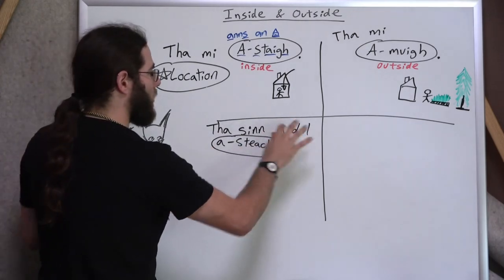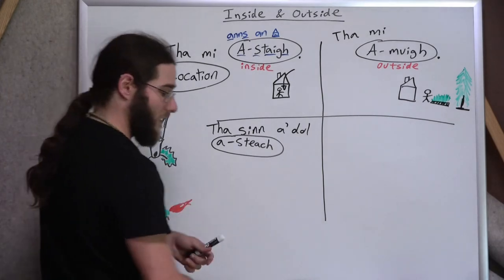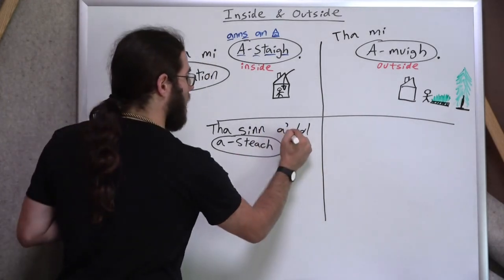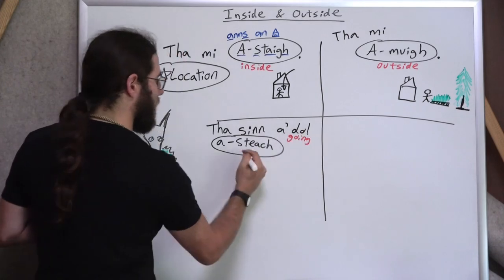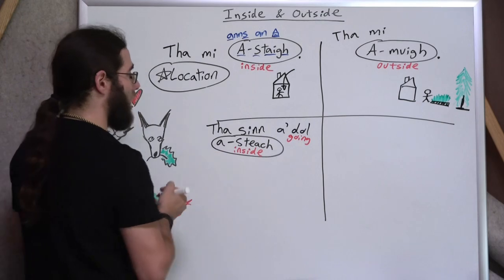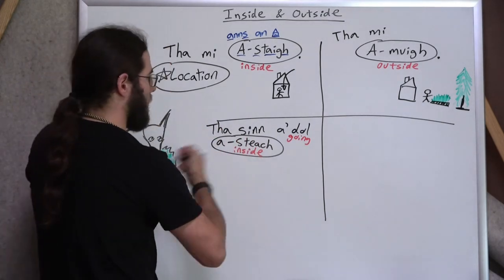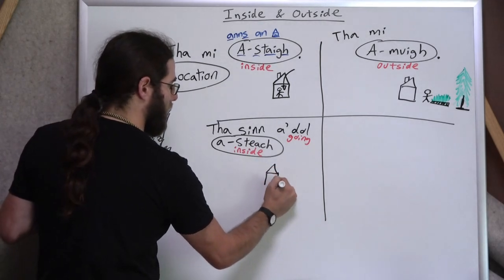Ha-shin dol ashtiach. We are going inside. Adol, going, ashtiach, inside. Hashin adol ashtiach. So here we have the house.